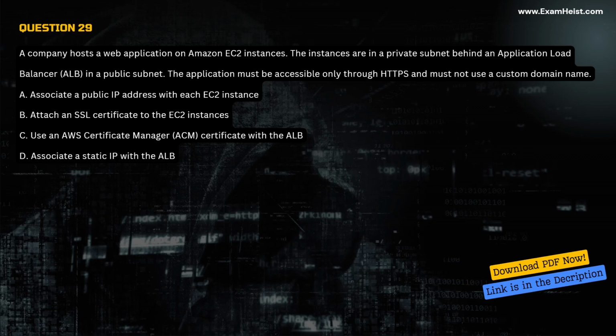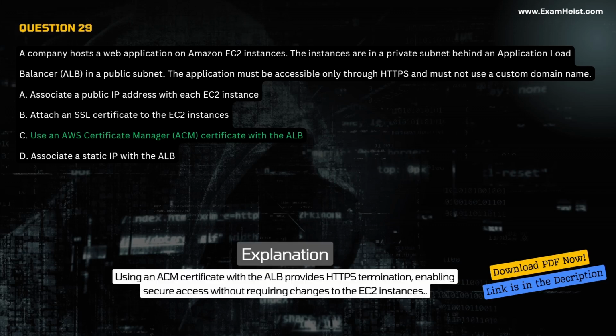B. Attach an SSL certificate to the EC2 instances. C. Use an AWS Certificate Manager (ACM) certificate with the ALB. D. Associate a static IP with the ALB. Correct answer, C. Use an AWS Certificate Manager (ACM) certificate with the ALB.